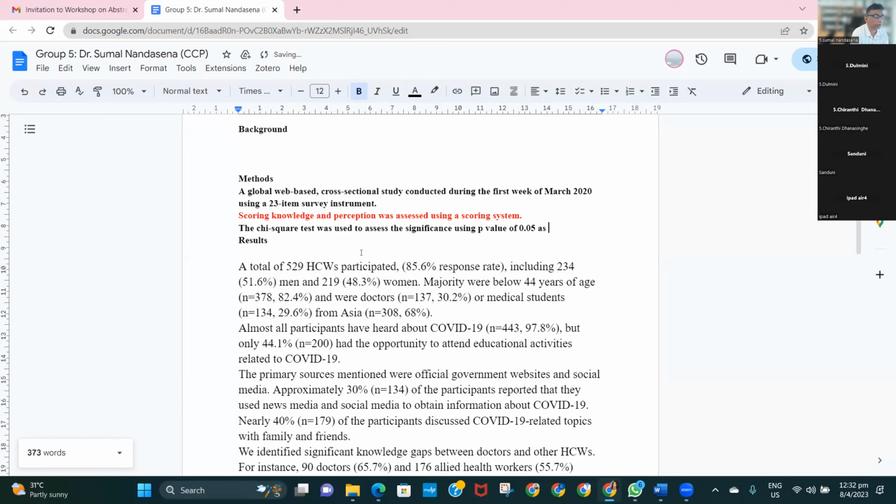We are using the chi-square test to assess the significance, but we get the cutoff level as 0.05.